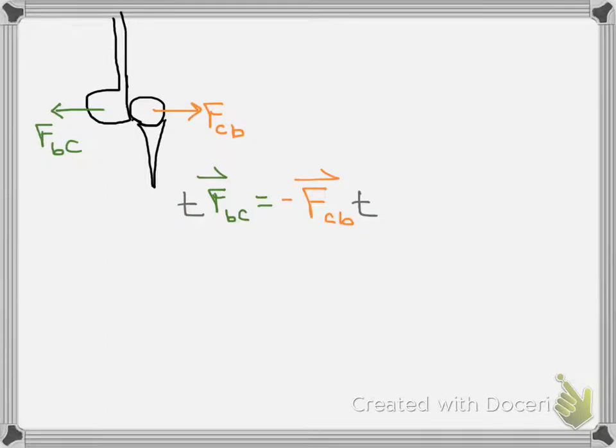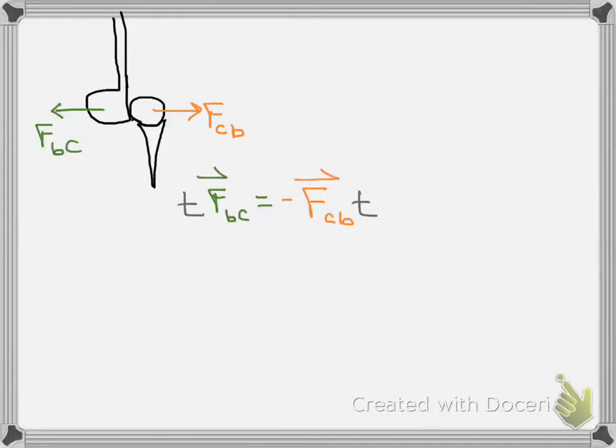Now, I'm going to multiply by the length of time that each of those forces acts. And the time that the club pushes on the ball is exactly the same amount of time that the ball pushes on the club. They make contact at the same instant and they break contact at the same instant. So that time is the same. So I've multiplied both sides by the same number.